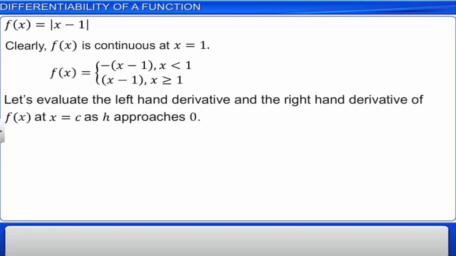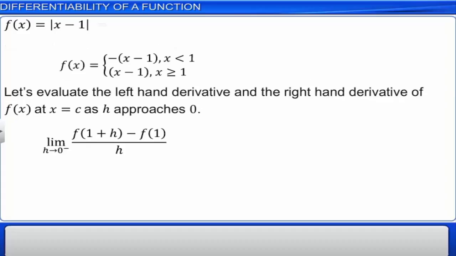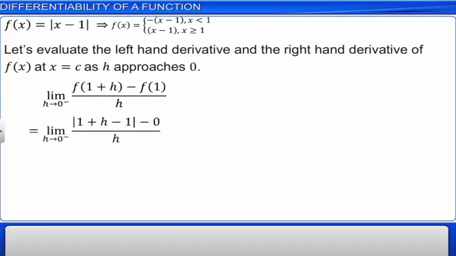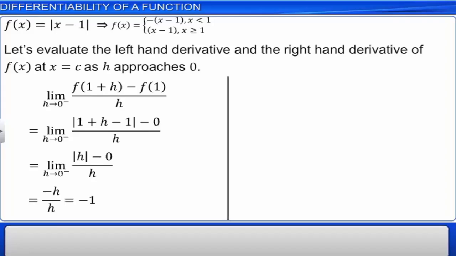The left-hand limit of (f(1 + h) - f(1))/h as h approaches 0 is equal to -1, and the right-hand limit of (f(1 + h) - f(1))/h as h approaches 0 is equal to 1.